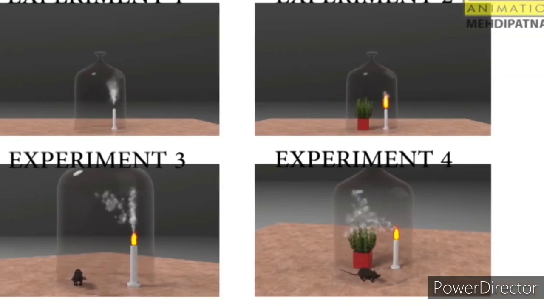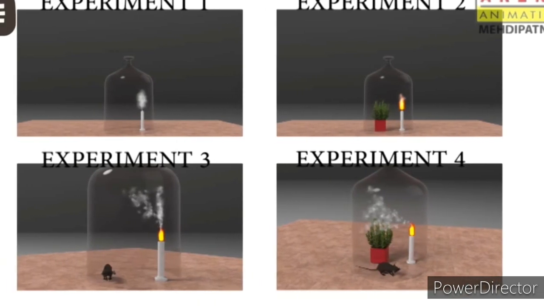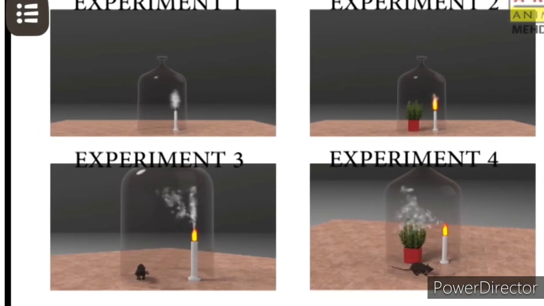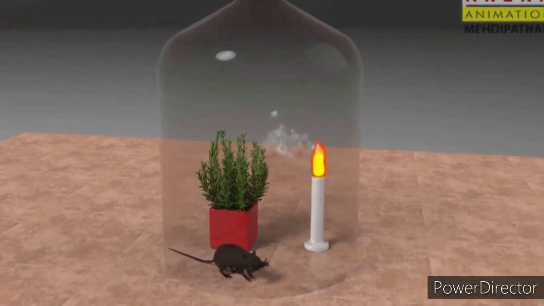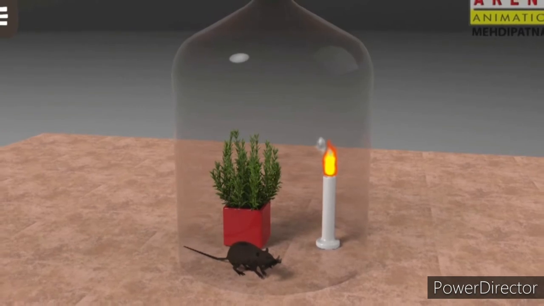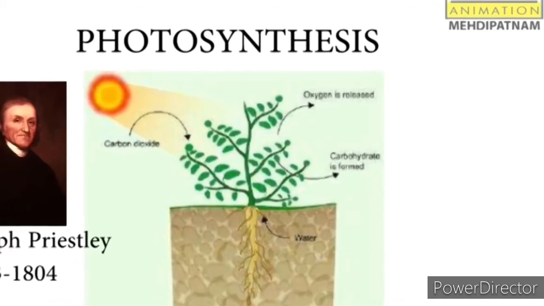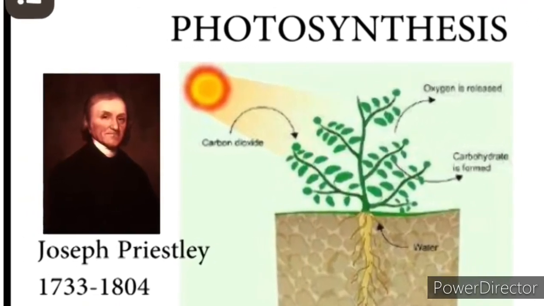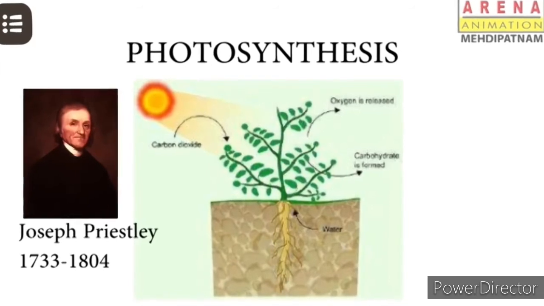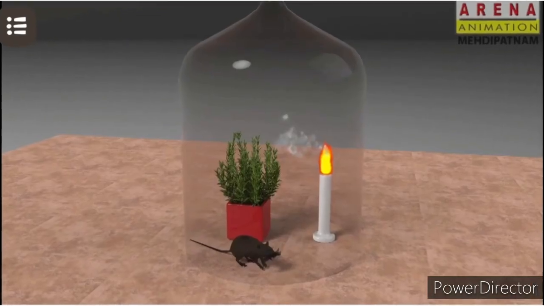By this, Priestley concluded that the burning candle or the mouse both damaged the air. He placed a mint plant and a mouse in the same bell jar, and lighted a candle from outside. Priestley found that the mouse was alive and the candle continued burning in the presence of the mint plant kept in the bell jar.